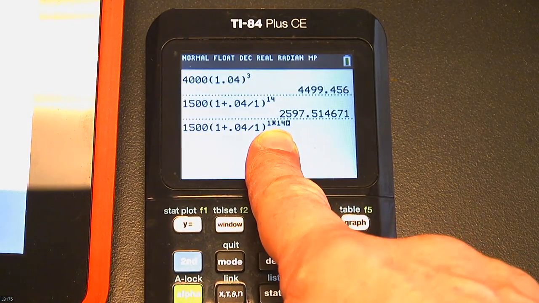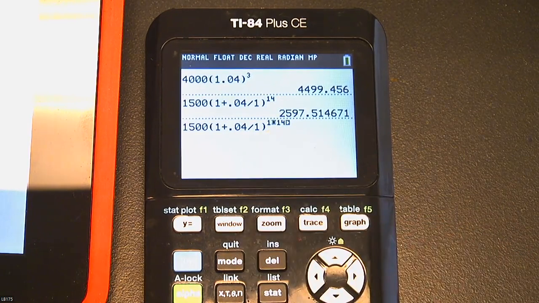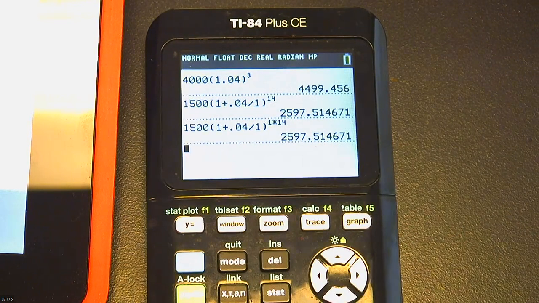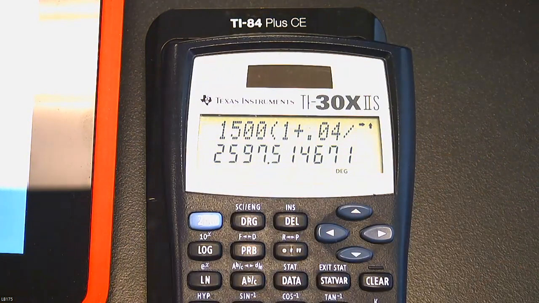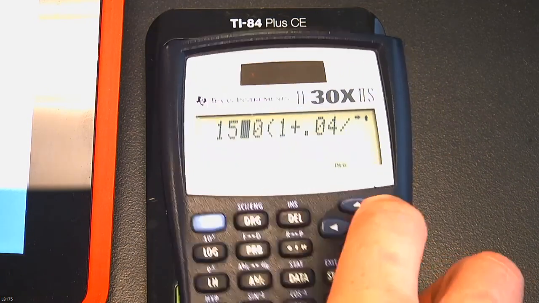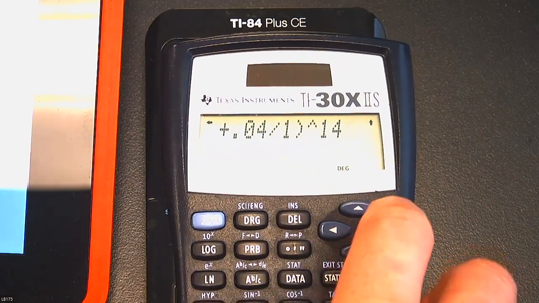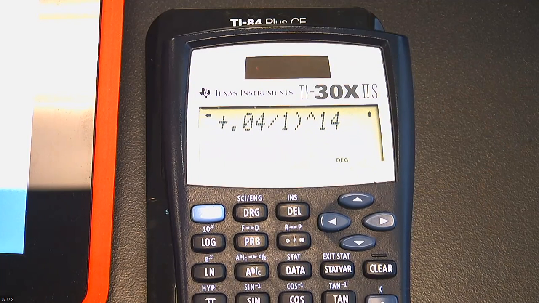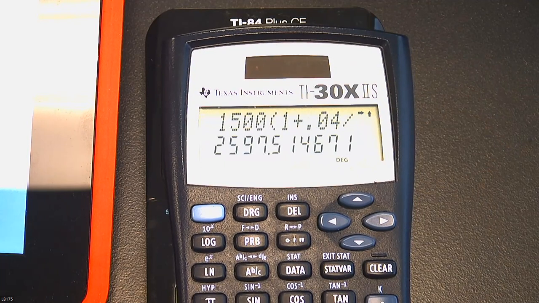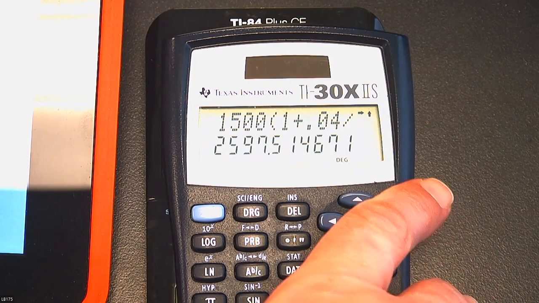Does that make sense? So on this type of calculator, when it does the indentation for you, it's not a big deal. But on the TI-30, it is a big deal. So you'll see me often when I type things into my calculator, I will have already multiplied those exponents so that it works out nicely.